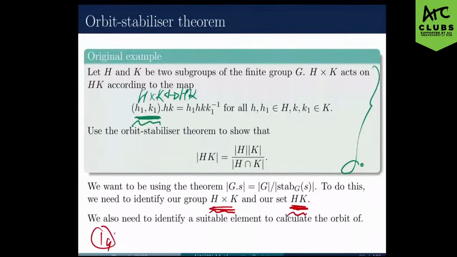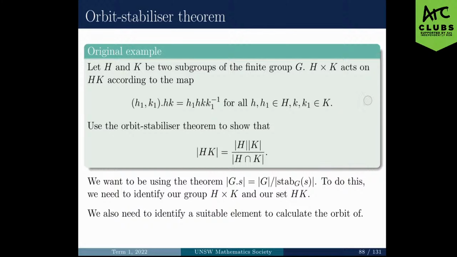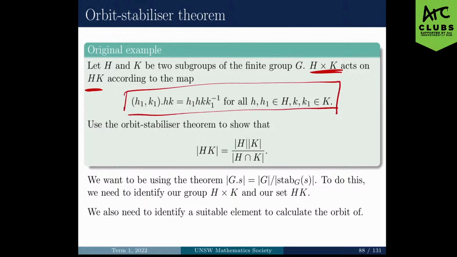And we got to this example with the orbit stabilizer theorem. I'll go through it again just because the slides were frozen. What we'll basically do is think about a certain group, H times K, acting on HK according to this map. Basically we want to use the orbit stabilizer theorem to show this particular identity.